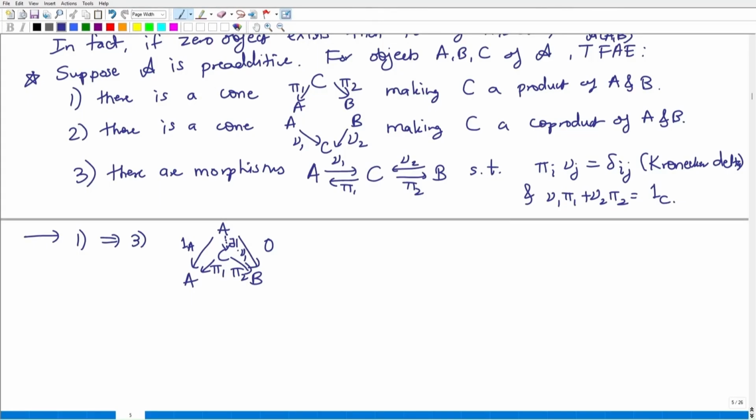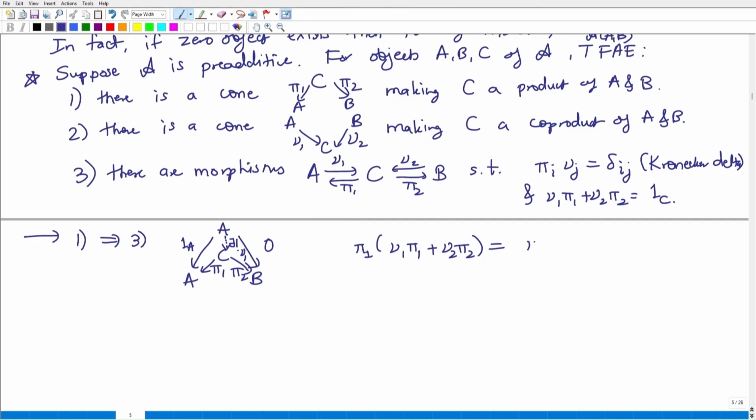Okay. So for the last one, consider this. We are going to use uniqueness of factorization. So pi 1 composed with nu 1 pi 1 plus nu 2 pi 2. What will it give us? Pi 1 nu 1 is 1.